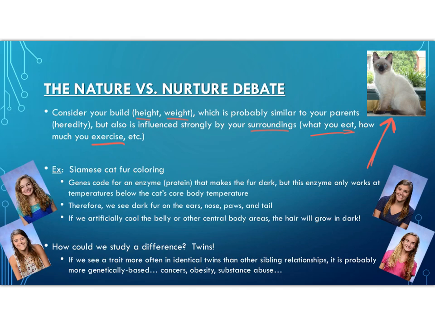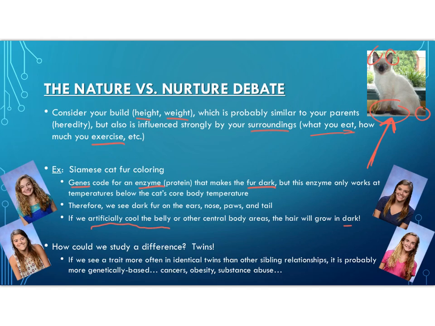So there's a genetic side: the fact that they make this enzyme that makes their fur dark, but it only makes the fur dark where it's cooler. So the only place you're going to see that is on the extremities of this cat and not at the core part of the body. And what's cool is you can shave hair from a Siamese cat and artificially cool that shaved area. So maybe you use an ice pack or something like that, and hair will actually grow back in darker. So it's a neat example there.